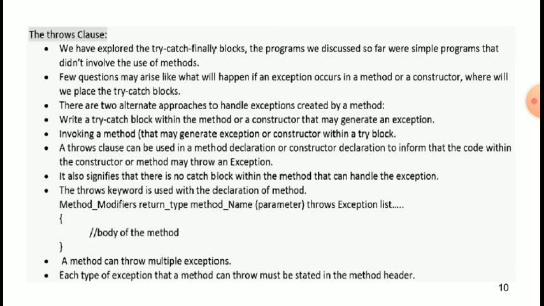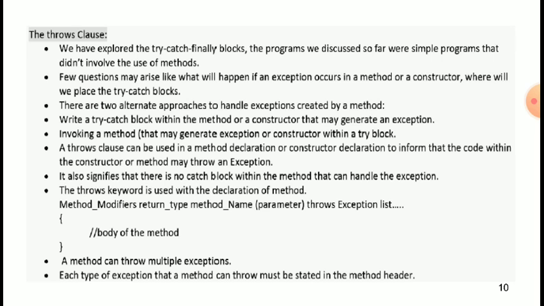A throws clause can be used in a method declaration or constructor declaration to inform that the code within the constructor or method may throw an exception. It also signifies that there is no catch block within the method that can handle the exceptions.